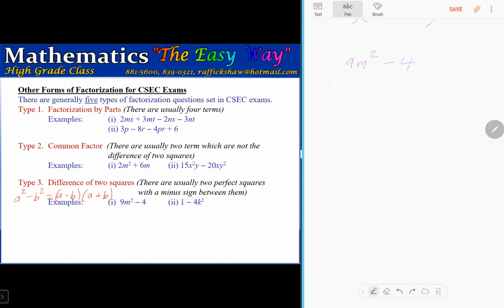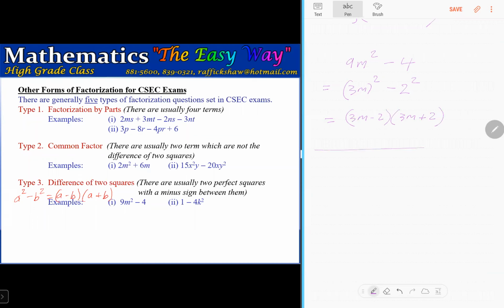So what you do first, you write them as the difference of two squares. You write one as 3m all squared minus, and I write 4 as 2 squared. Then apply the rule for the difference of two squares. It becomes the difference of the numbers, 3m minus 2, times the sum of the numbers, which is 3m plus 2. And you're done. That's it.